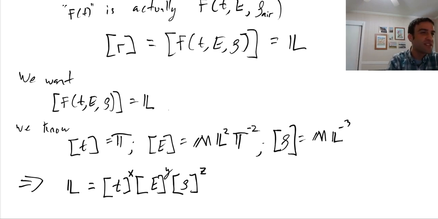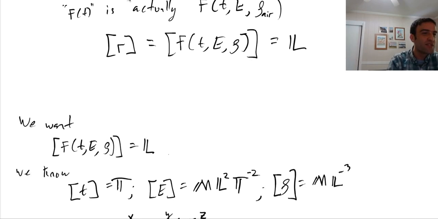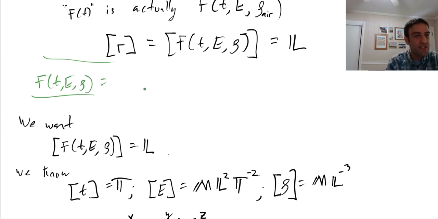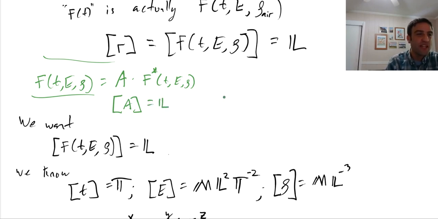Another way of saying this is that this function f of t, e, and rho has to be some quantity which maybe I'll call A, multiplied by f star of t and rho, where the idea is that this quantity A has all of the dimensions in it. So dimensions of A is equal to length, and this f star thing is just a number. So I'll just call dimensions of 1.